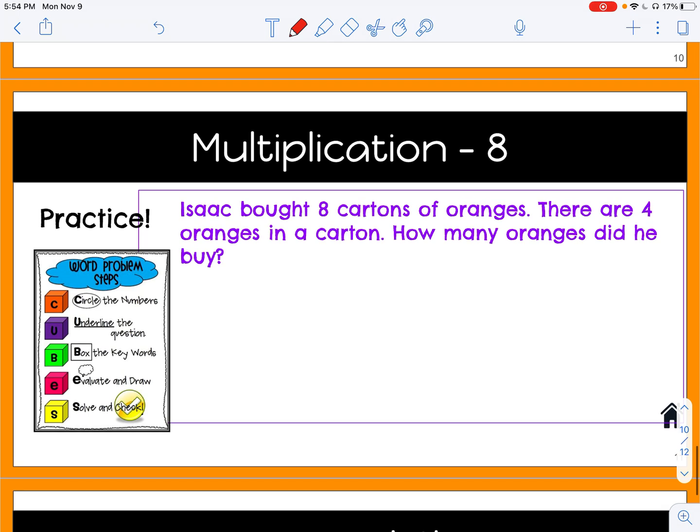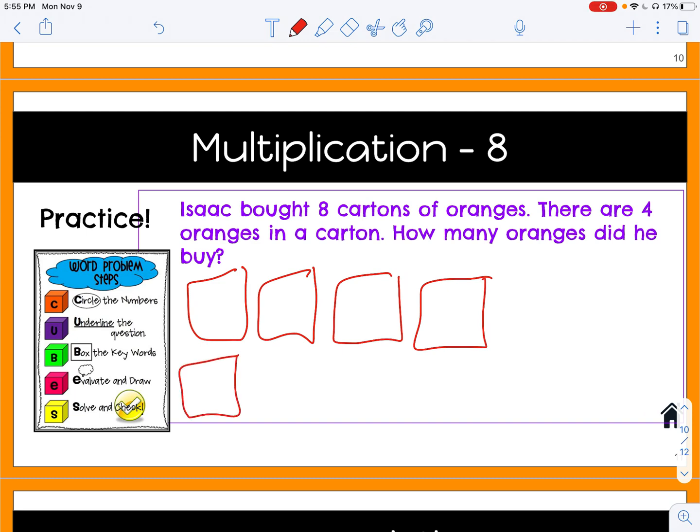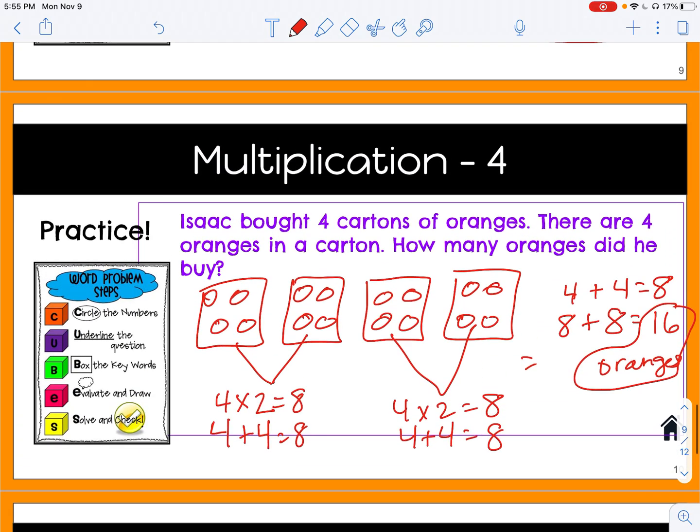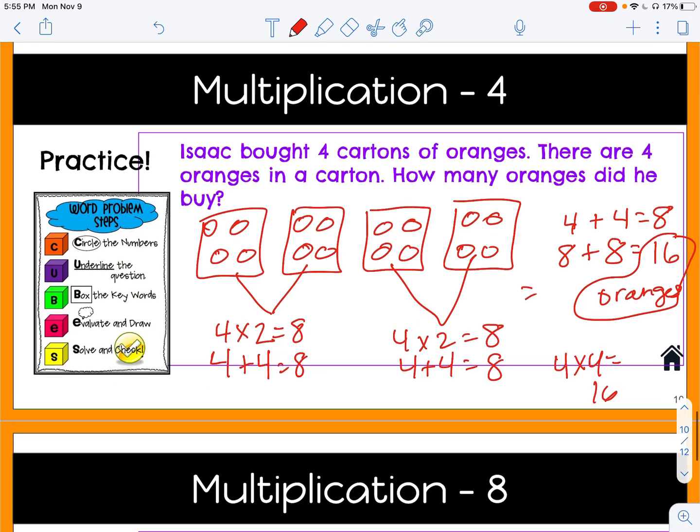If Isaac bought 8 cartons of oranges, and there are 4 oranges in each carton, we're going to do what we did before. So if I have 1, 2, 3, 4, 5, 6, 7, 8. So on the previous slide, we saw that 4 times 4 equals 16.